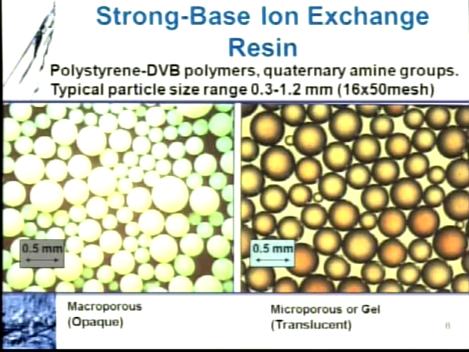I don't have a picture in here that shows the whole range of commonly applied commercially available resins today, but they span the gamut of these. You can typically go to any resin supplier, and they will have their quiver, so to speak, of strong base anion exchange resins that are optimized for removal of various contaminants, nitrate certainly being one of those.